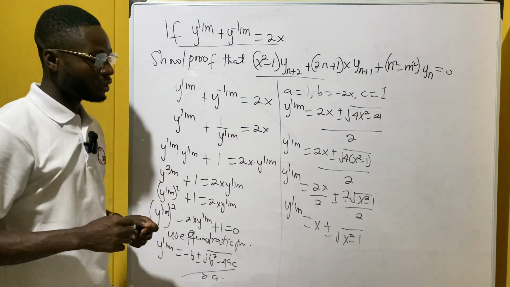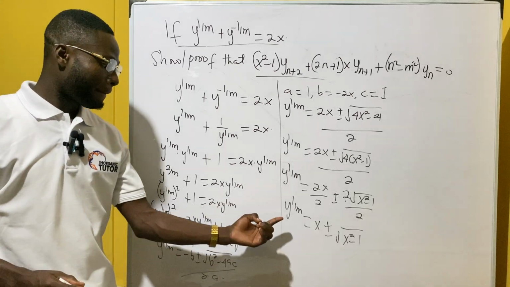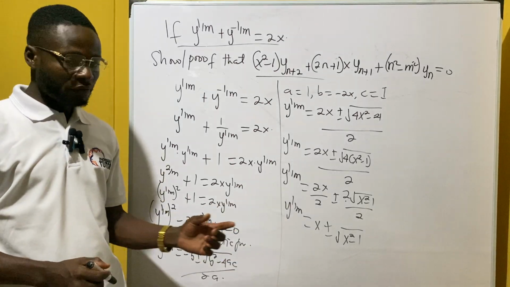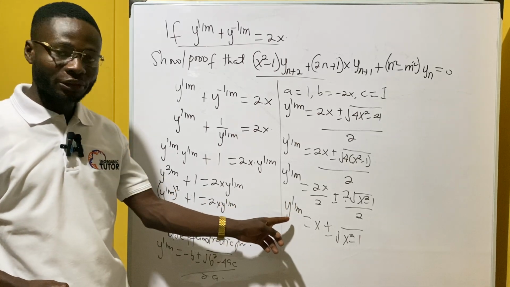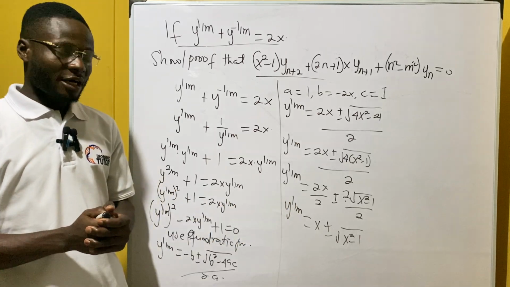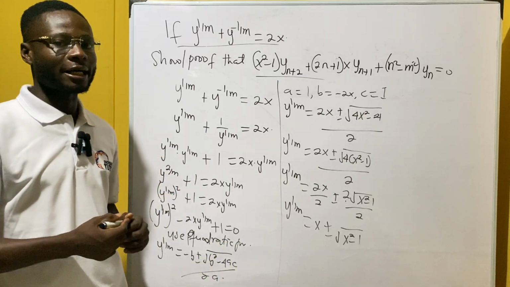Now what we have to do is differentiate, but before we can differentiate, we have to make sure that the exponent right here is just y. So we have to raise each side to the power m.